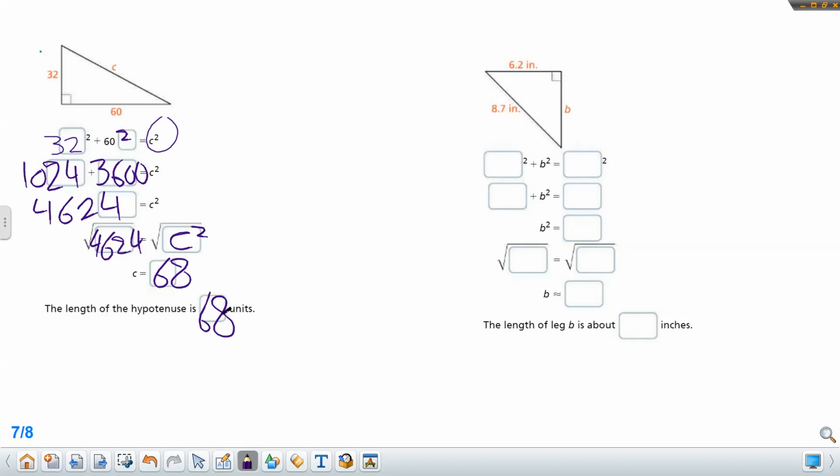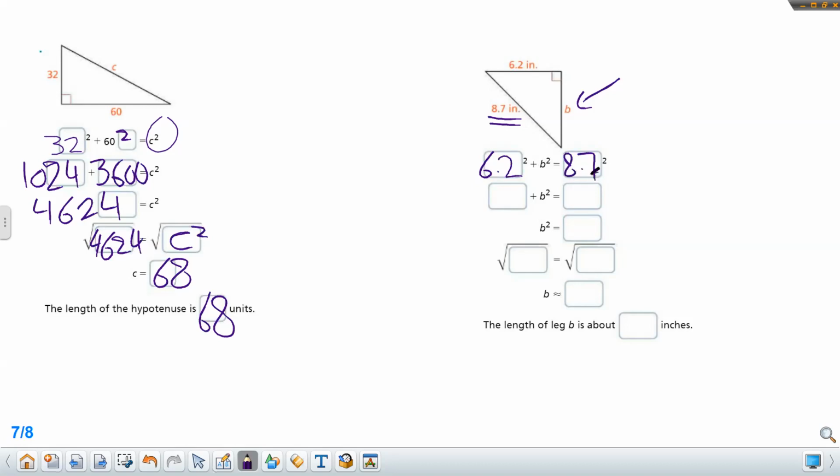Then the length of the hypotenuse is 68. But the next one: here you need to find just a side, because here the hypotenuse is known, it is 8.7. First, put the Pythagorean theorem. The Pythagorean theorem says side power 2, 6.2 power 2, plus the other side power 2, b power 2, equals hypotenuse power 2.